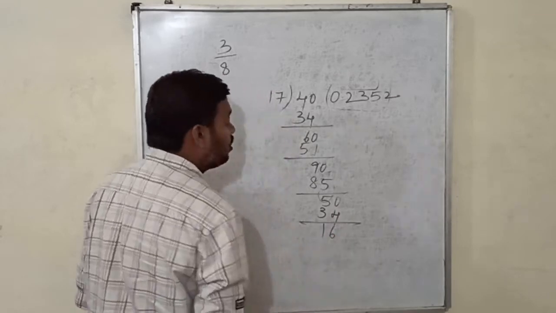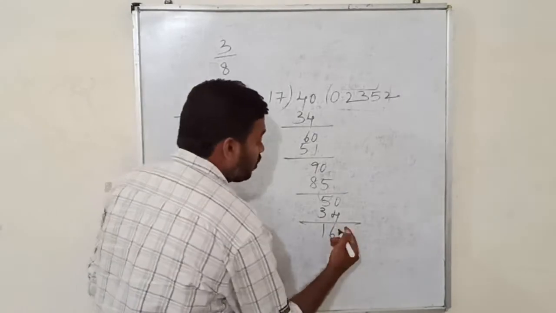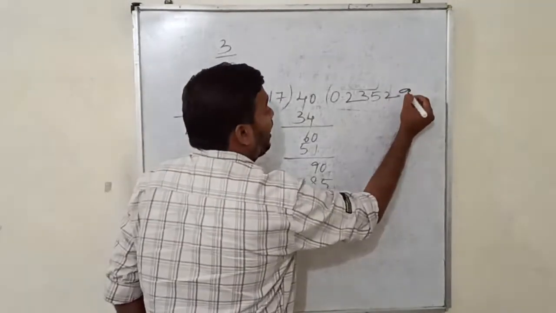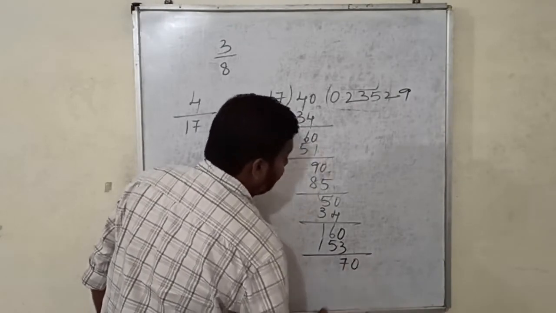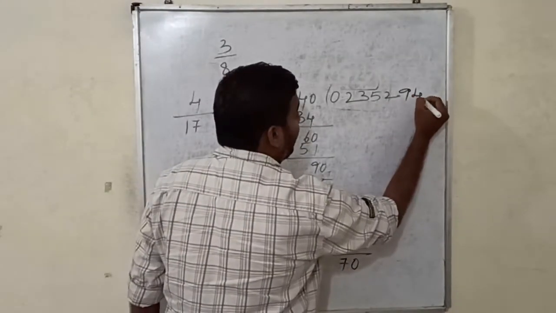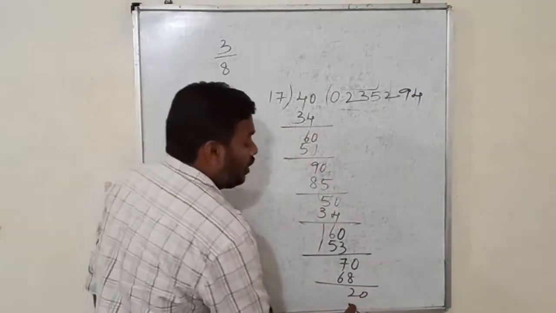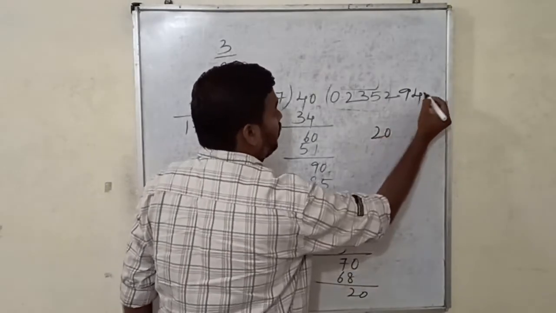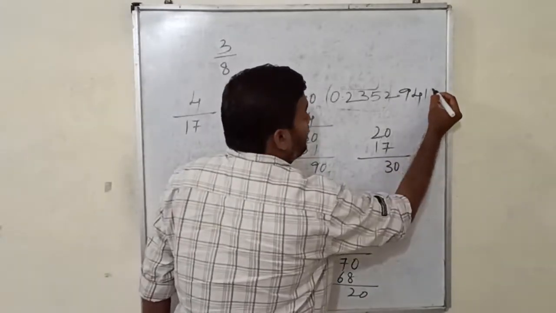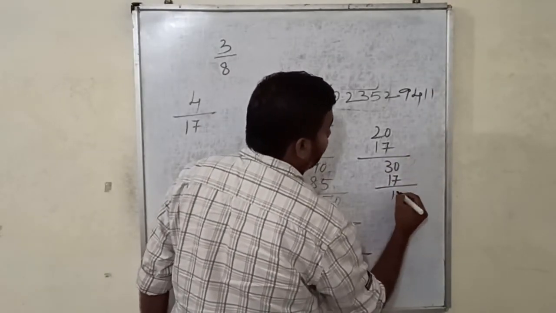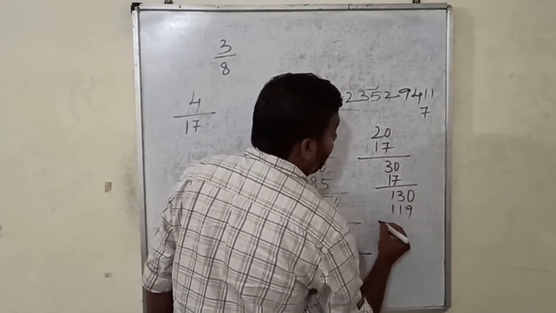Again put a 0. 17 9s are 153, 17 4s are 68, again 17 1s are 17, 17 7s are 119.